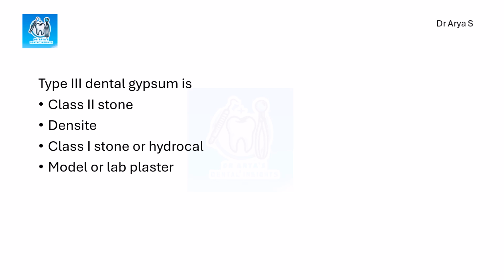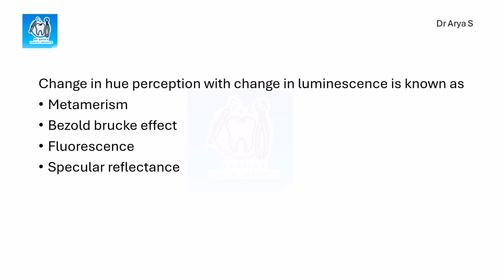Type 3 dental gypsum is class 2 stone, densite, class 1 stone or hydrocal, and model or lab plaster. Answer is class 1 stone or hydrocal. Change in hue perception with change in luminescence is known as Bezold-Brucke effect or metamerism or fluorescence or specular reflectance.